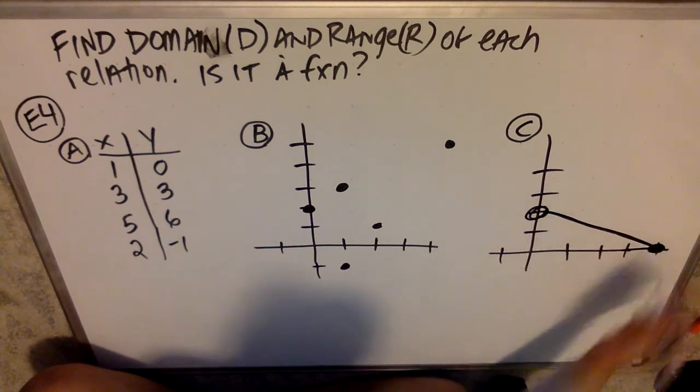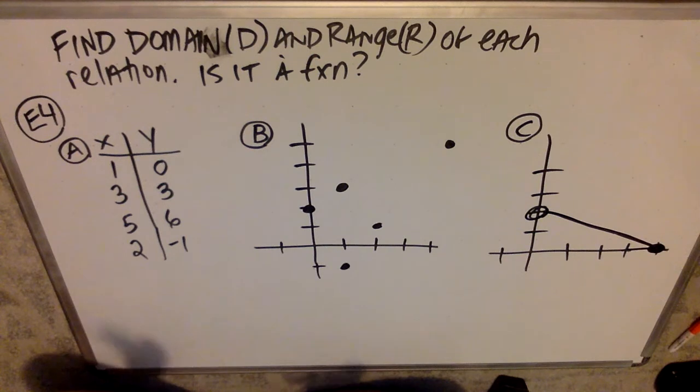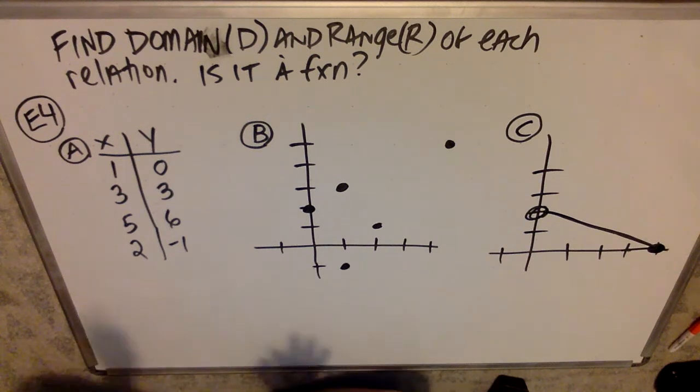So open circle to closed circle, and I'll explain to you what I mean by that. All right, cool. I gave you 3 very different examples, and we're going to walk through how to find the domain and range of each one of these and discuss whether or not they are functions.